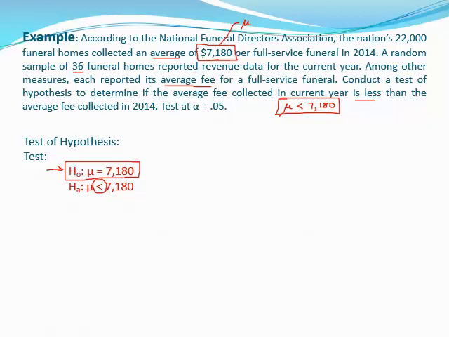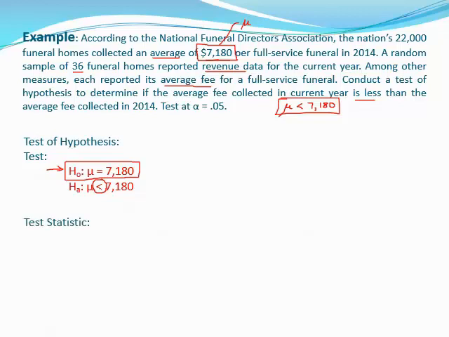In another video, I'll show you how to generate the printouts, but mu for the average, and I would choose the revenue. That would be the variable I use in this case. It asks me the hypothesized value, the 7,180, and then it says, what do you want to test? Which direction? It assumes the null hypothesis is equal, but it says, do you want to do a less than, or greater than, or not equal to? The software that we use actually gives us a choice, and we have to select it. All three are listed there. You just pick the one you want.